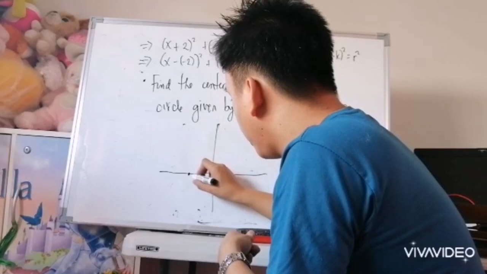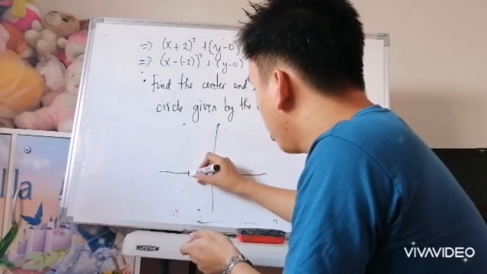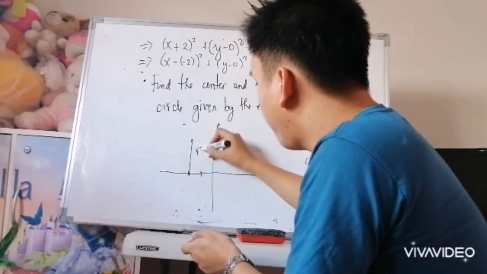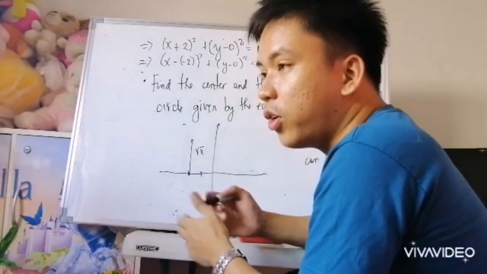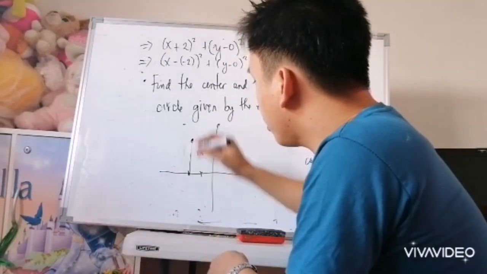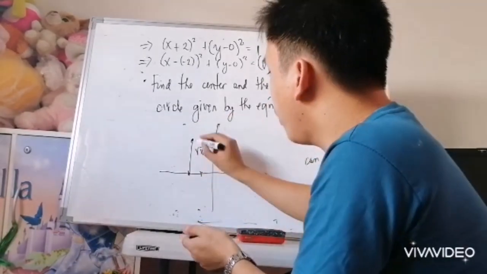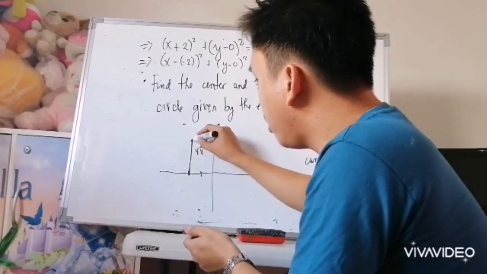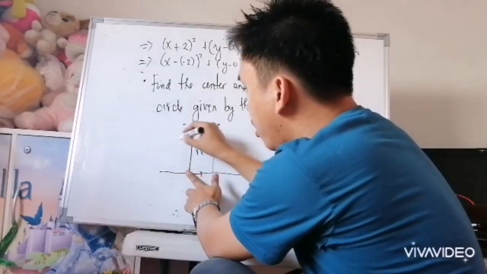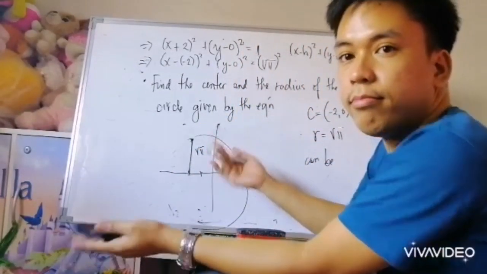Somewhere, let's say this is negative 1, negative 2. And let's say from here to here is square root of 11. I don't know what you are going to use, either a ruler or any measuring device. So let's say this is how your square root of 11 looks like. So you just have to put a string on this and clip the end of the string, and make a circle out of it. So that becomes your circle. That's it.